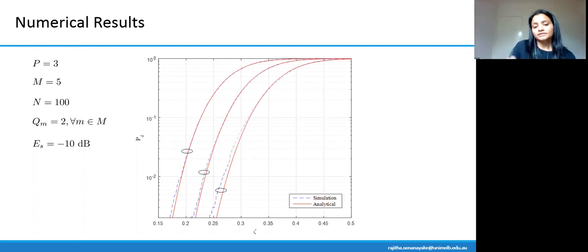So these are 3 instances of that channel matrix. This is one of the worst cases, where we got a slight gap between the simulation and the analytical results, but overall it was a very accurate approximation.